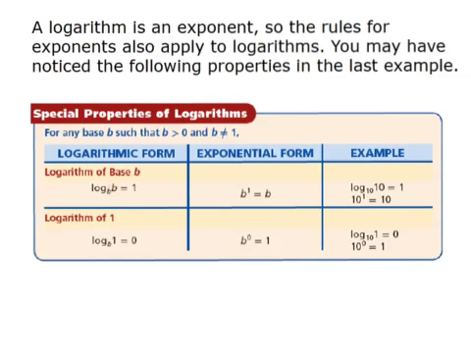Now, why is that true? Well, let's convert it to exponential form. So the base of the log becomes the base of the exponent. Inside, outside, trade places. B to the first power equals b, and that's true. All right, so notice over here, the log base 10 of 10 equals 1.